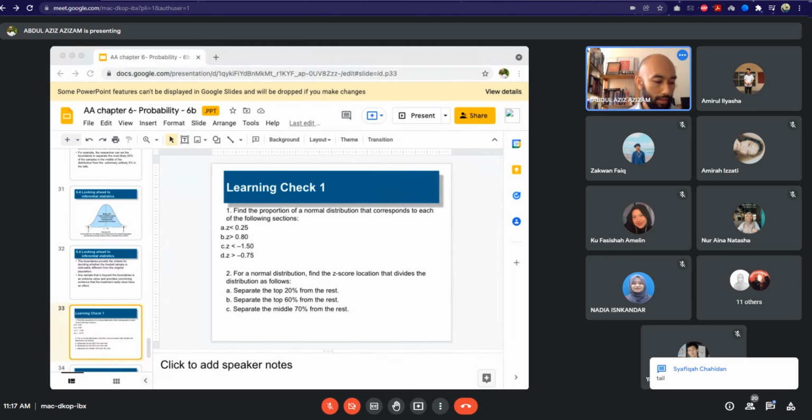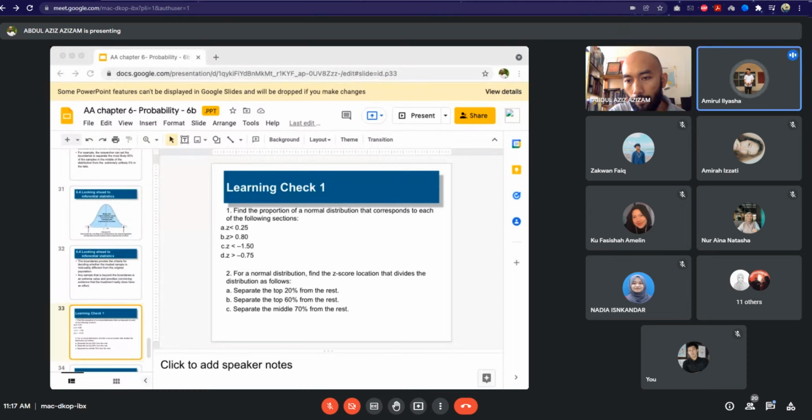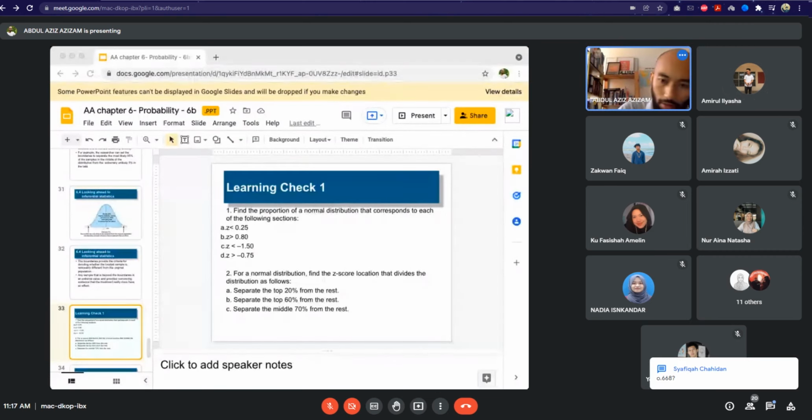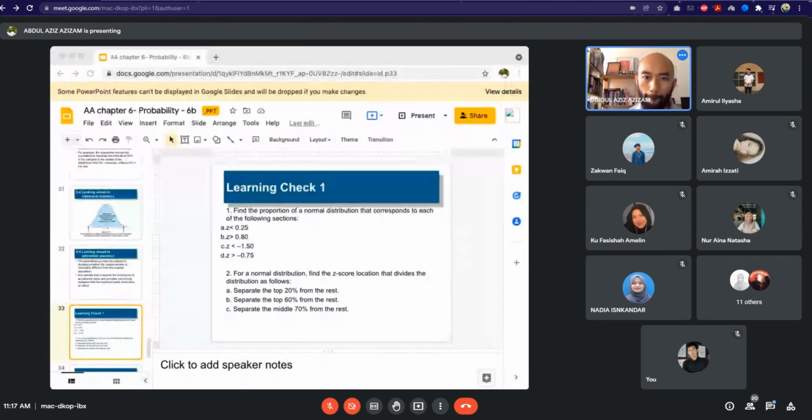Yes, tail. So, berapa jawapan dia? 0.9332 sir? Bukan. Syafiqah, berapa tadi jawapannya? 0.0668. Betul. Syafiqah betul. Dapat? Amirul? Dapat. Dia tengok dekat tail. Okay.